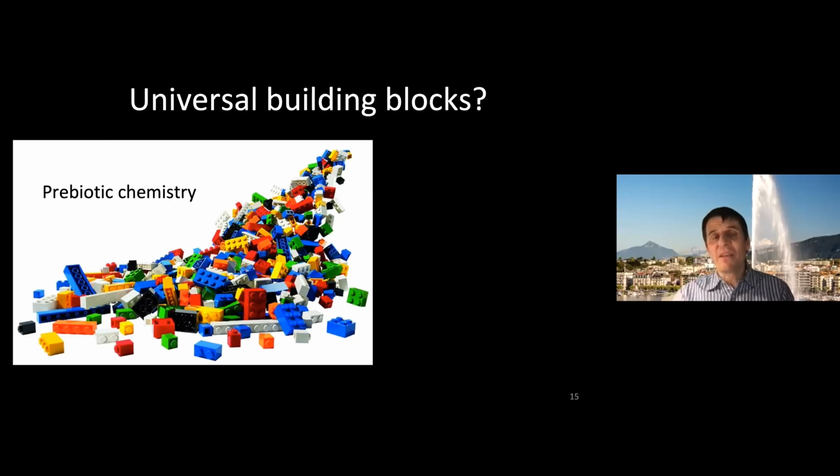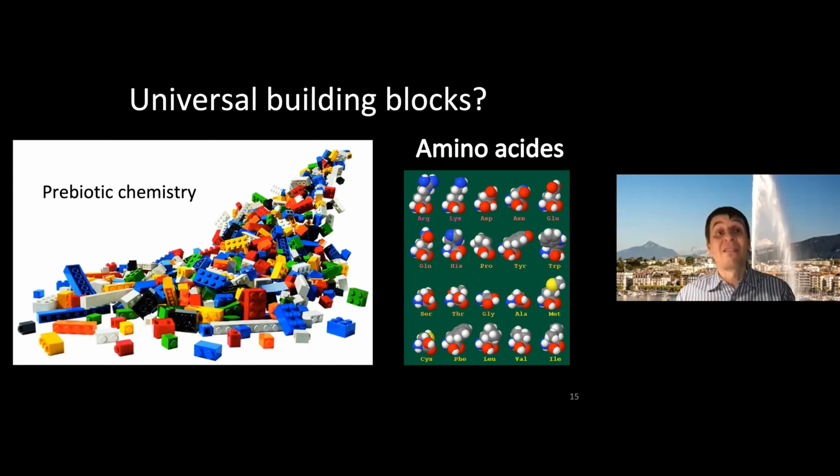Something that is striking as a physicist is that when you study physics, you learn the standard model with all the particles. There is, in a way, a standard model in life. These are the amino acids. These are the building blocks that are used by life.